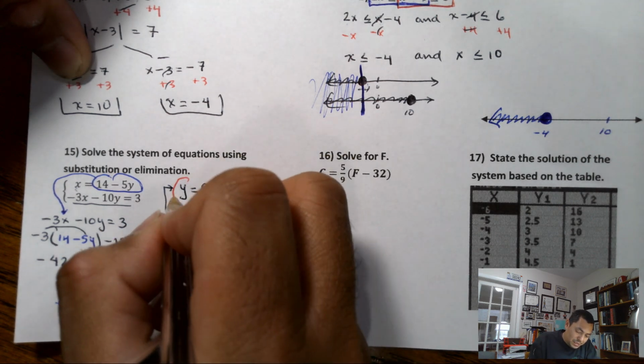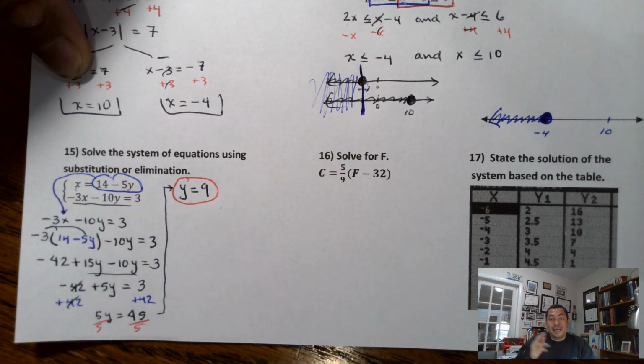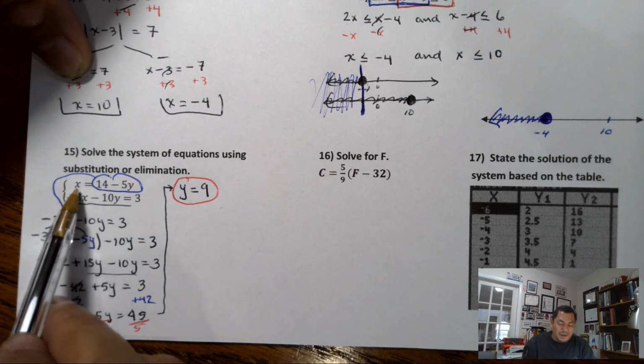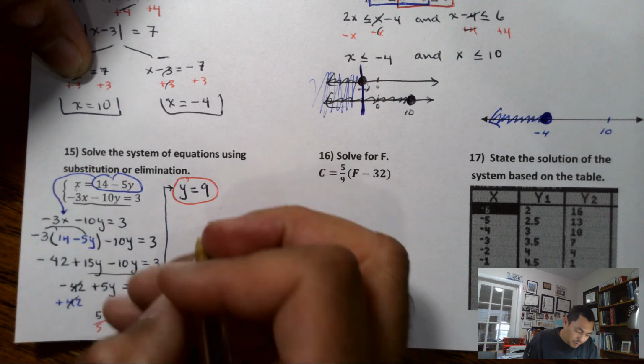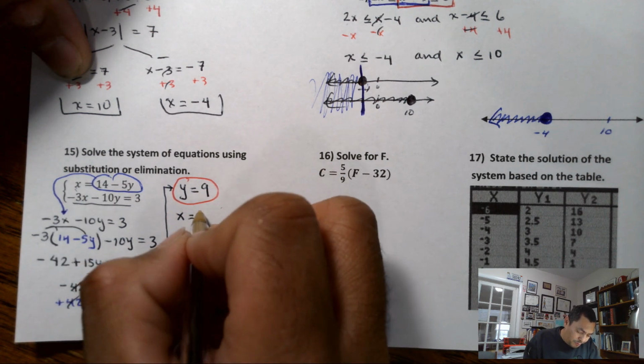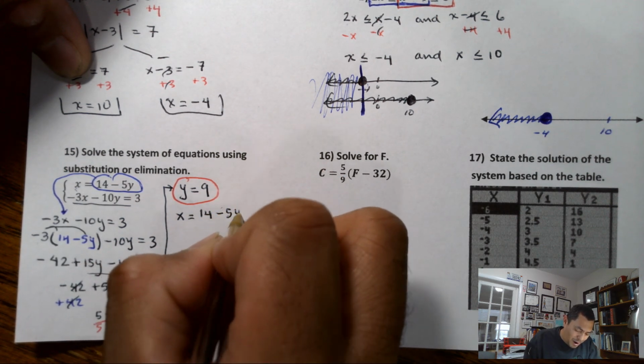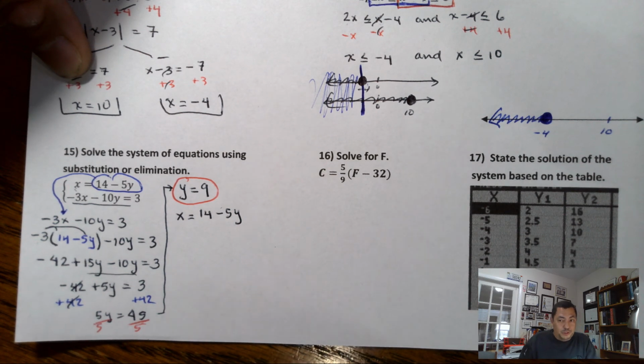Knowing that y equals 9, I need the value of x. So I take my first equation, because this is where x is already solved. X is alone. So x equals 14 minus 5y. I'm going to make the substitution again.